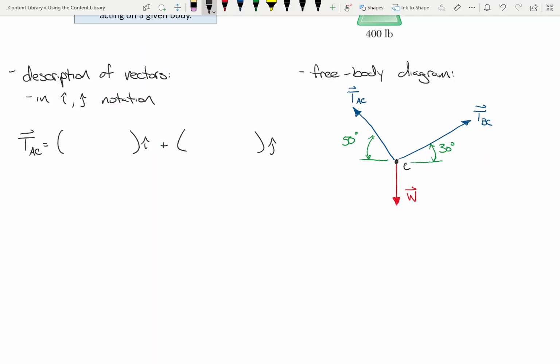So look what I'm doing here. I'm saying tension AC equals a pile of junk times i plus a pile of junk times j.